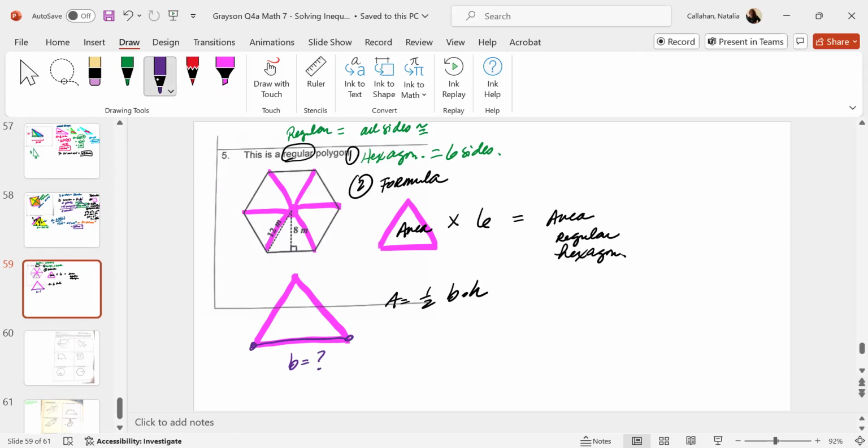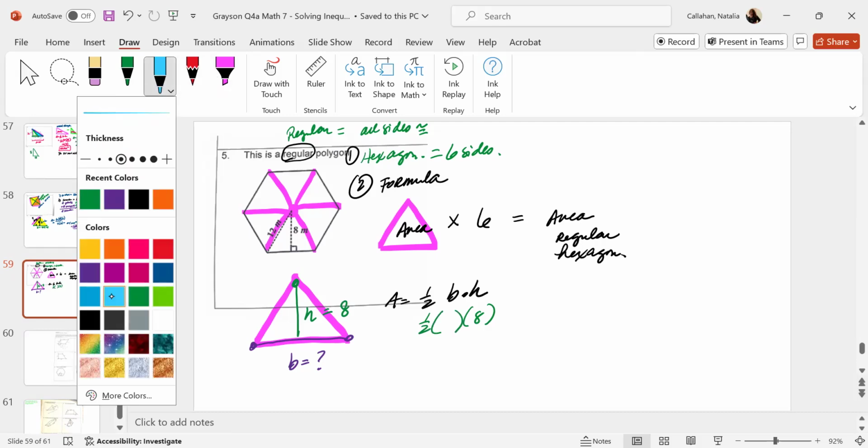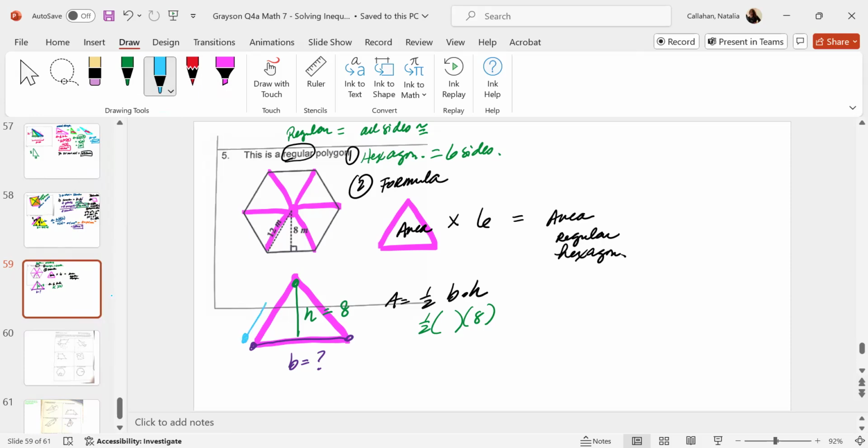Don't know. Do I know what this height is right here? Yeah. What is it? 8. Okay, so I have the height is 8, but I need to find the base, right? What else does it give me? It also gives me the side. Yeah, what is that? 12.